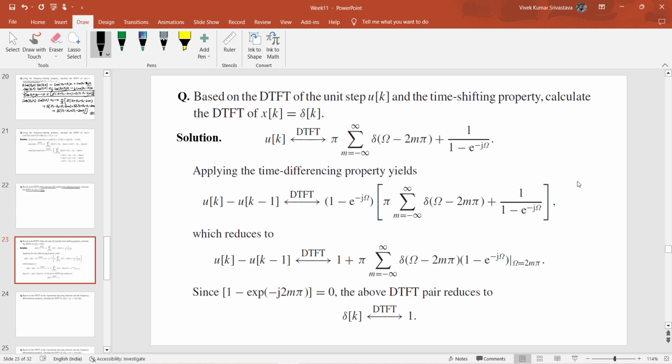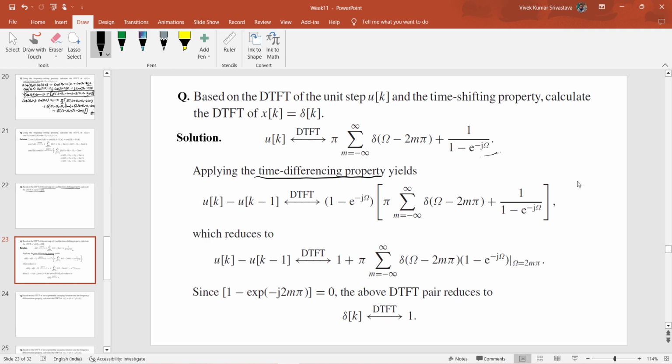You can get that from any standard book, or evaluate it yourself. I will use this expression of u of k to determine the discrete time Fourier transform of delta of k, using the time differentiating property.